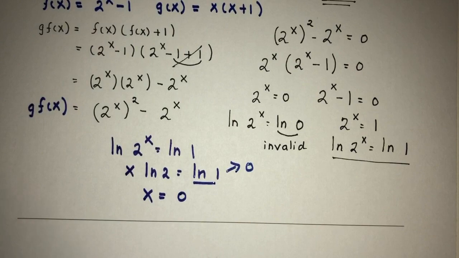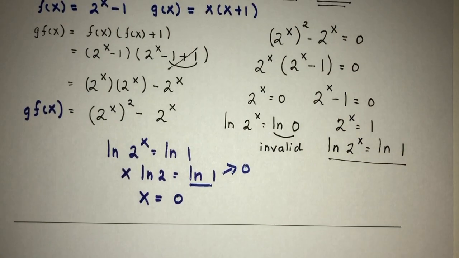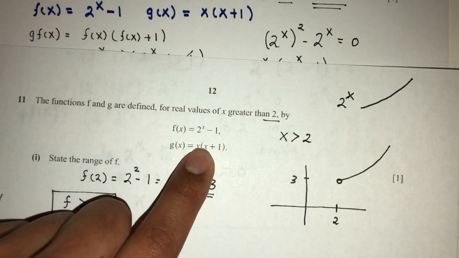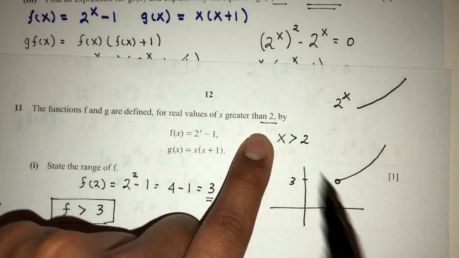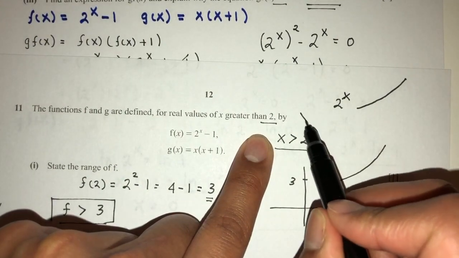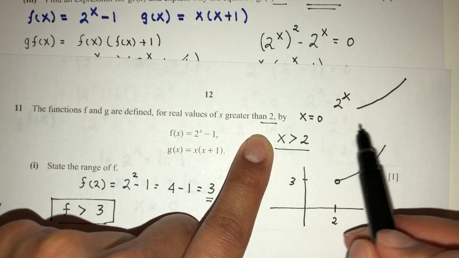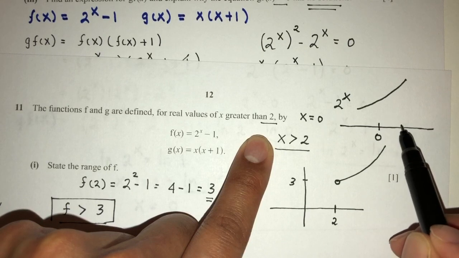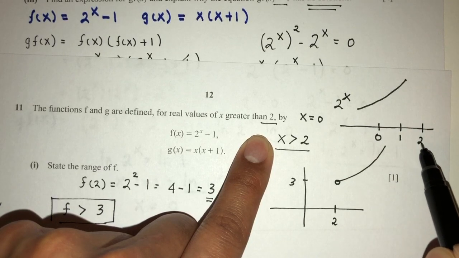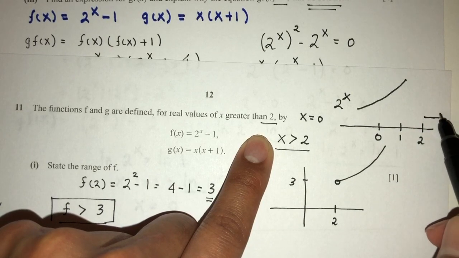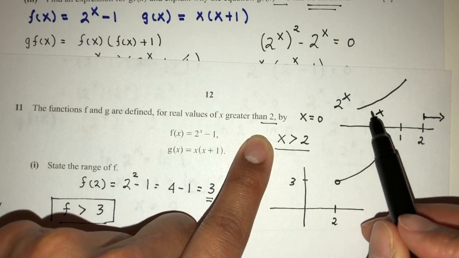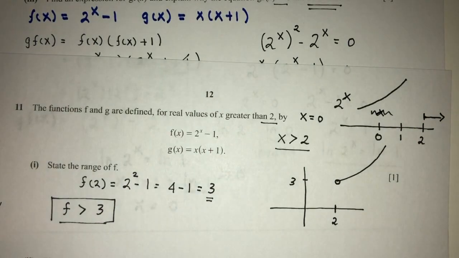Now, again, you have to go back to the first part of the question where they tell you that the equations are only defined for x more than 2. But now if you have an answer x equal to 0, clearly if you look at your number line, we have 0 here, we have 1 and 2. So your equation is only defined after this point. So for x value 0 here, it would not be good because it is not defined.